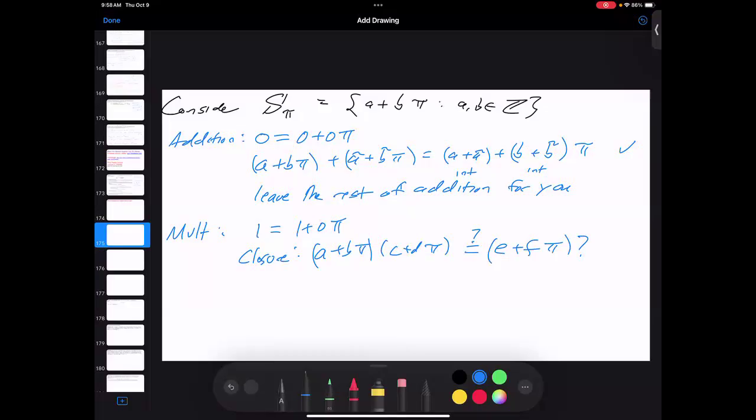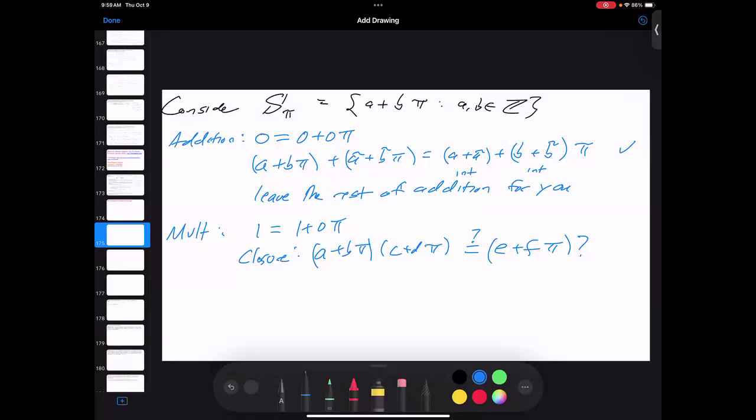So can you give me an example of two numbers that I multiply and it's not going to be of the form e plus f pi? So yes.